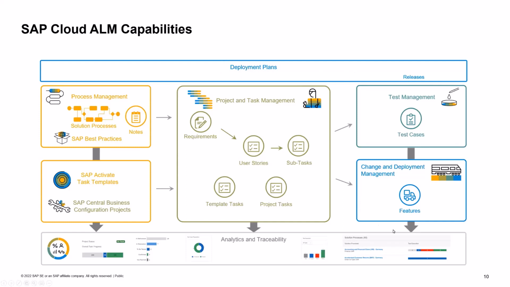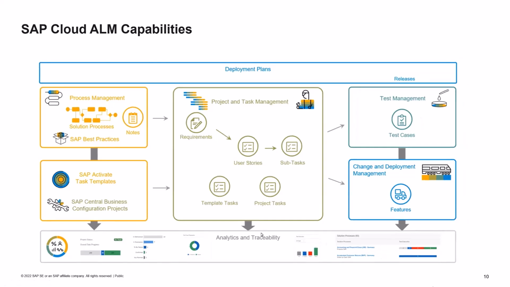So we have some change functionality included in SAP Cloud ALM as well. And we have as well a very strong analytics and traceability functionality to track and plan the project progress.